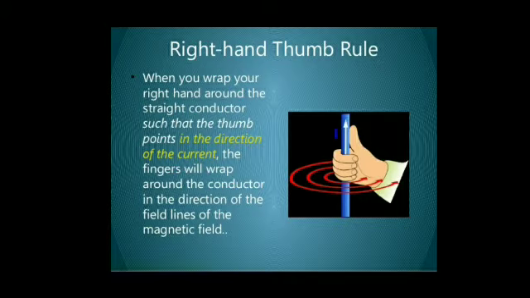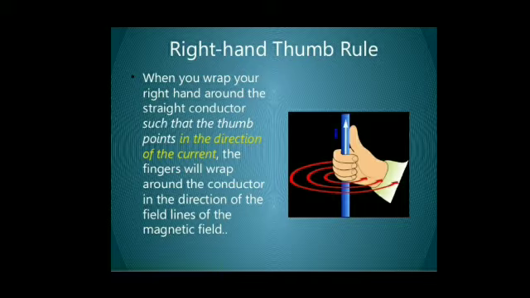you have to hold a conductor in your right hand in such a way that your thumb is in the direction of current and your fingers will wrap around the conductor in the direction of the field lines of the magnetic field.